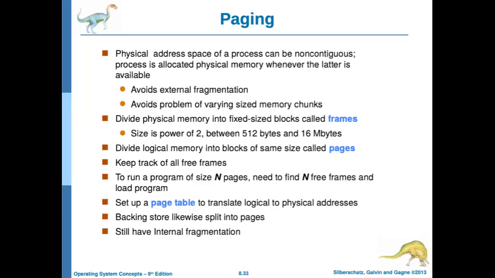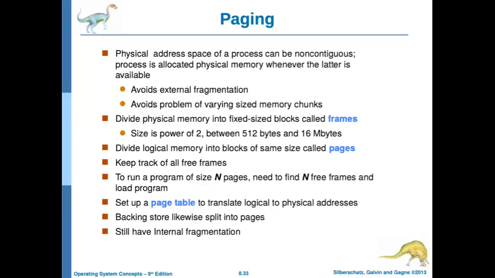So for example, if I have 32 MB of RAM, and now I want to create fixed size blocks of half MB, then 32 MB will be divided into 64 equal parts. The important thing here is all the blocks will be of the same size, equal size.